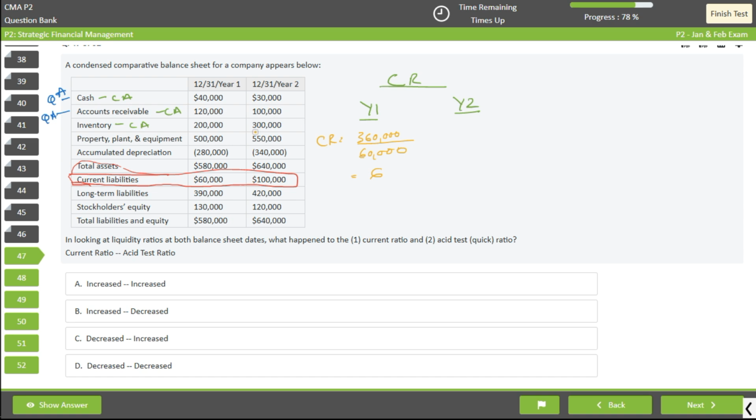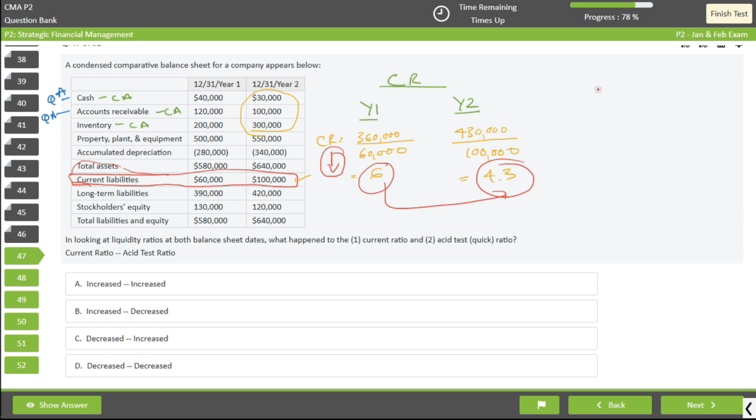And for year 2 we have 430,000 by the current liabilities, which is 100,000. So the current ratio for year 2 is 4.3. So the current ratio has decreased from 6 to 4.3.